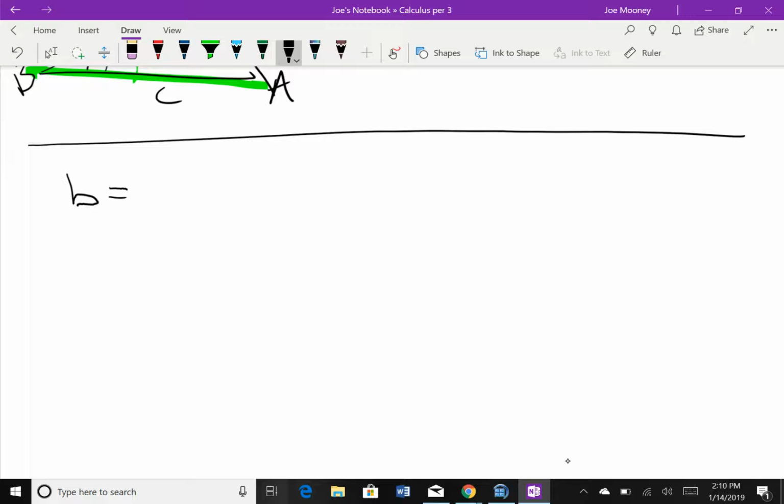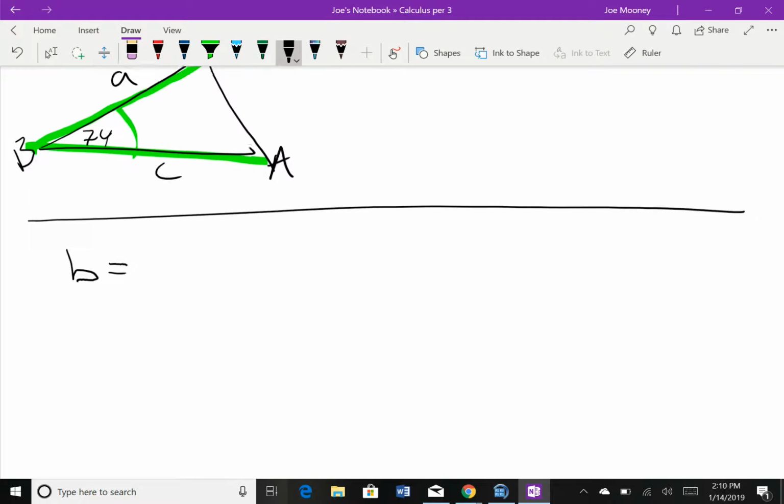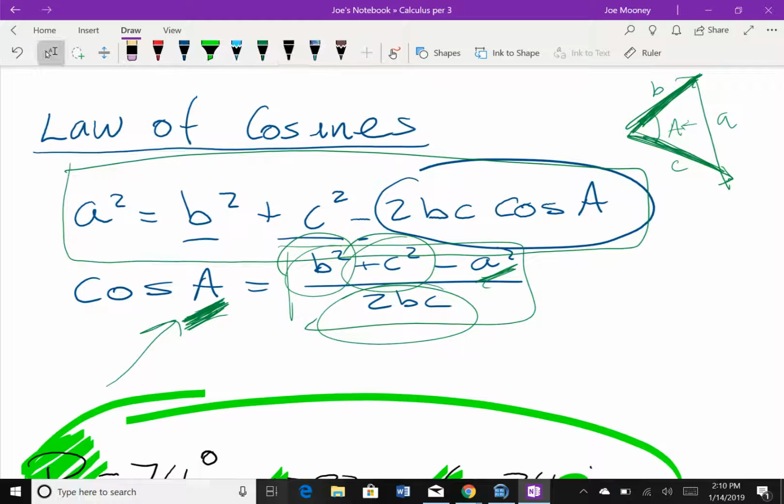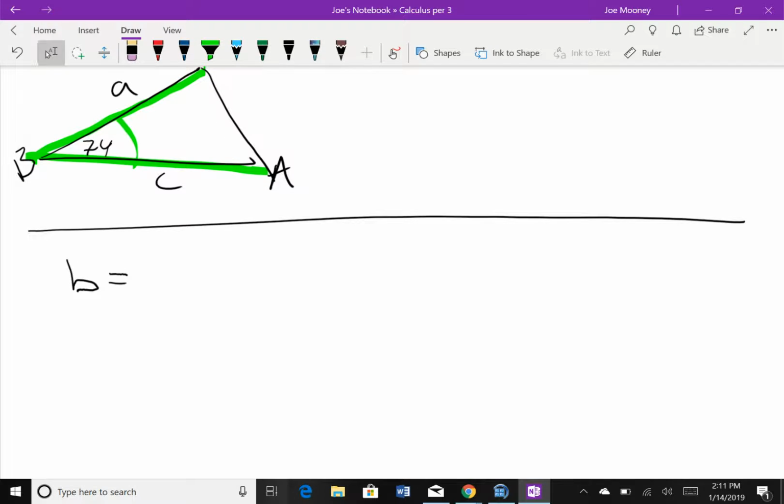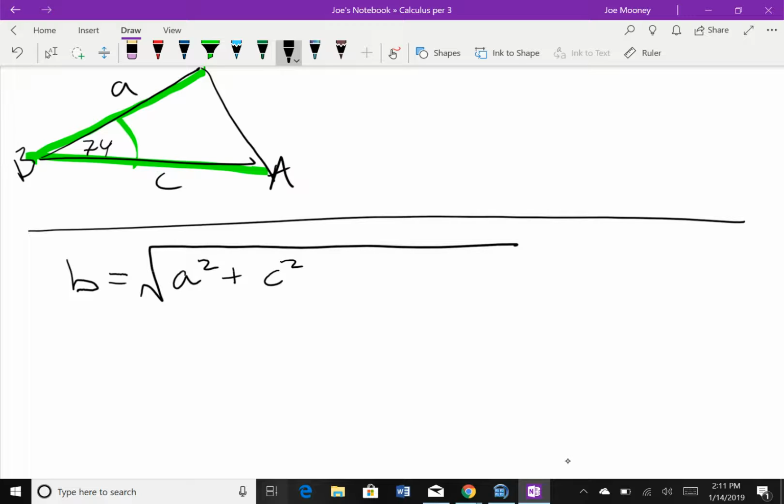Since B squared is equal to all of that, then that must mean, this is my personal way of doing it. I just type it in the calculator in one stroke because you cannot mess up. If B squared is that, then I do the square root of the other two sides squared minus 2 times the product of those sides times the cosine of the included angle.